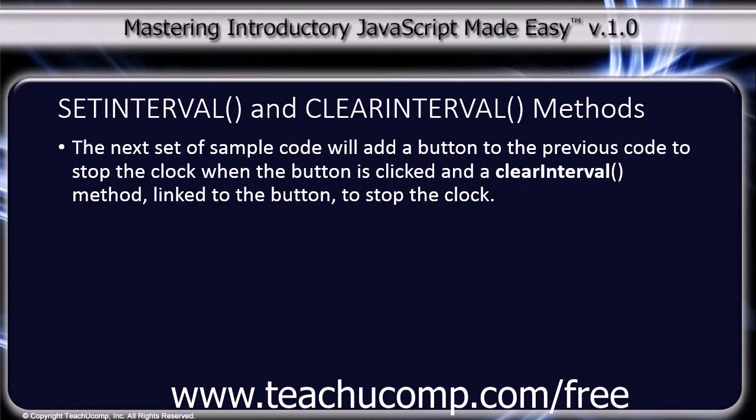The next set of sample code will add a button to the previous code to stop the clock when the button is clicked, and a clearInterval method linked to the button to stop the clock.